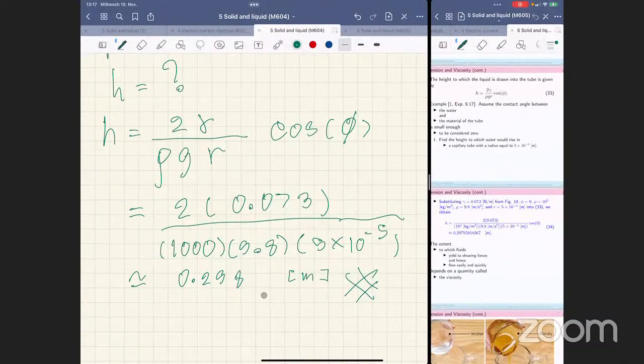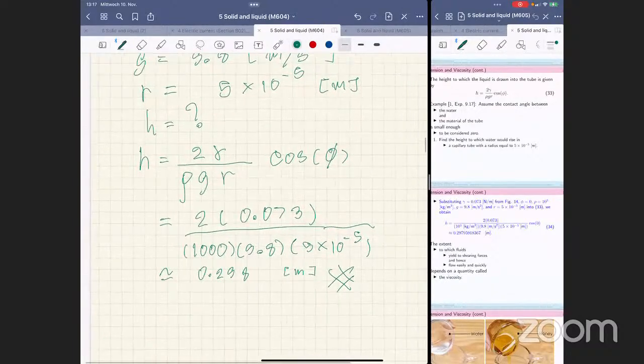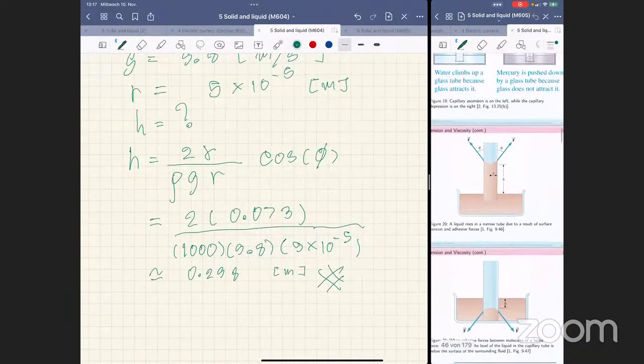So that's the height that you can observe here, almost 30 centimeters.